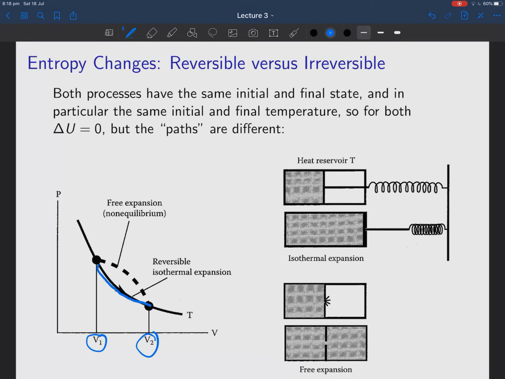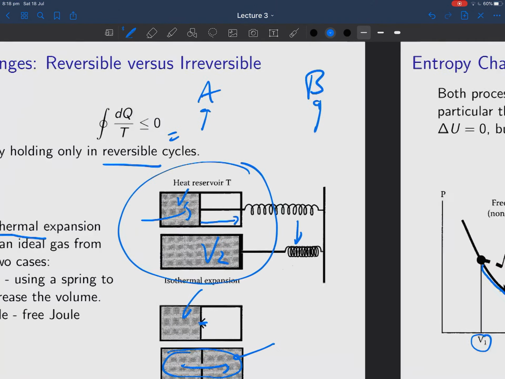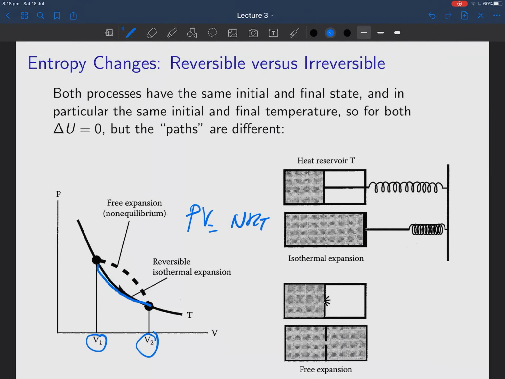We start at V1, we go to V2, and we know exactly what's happening along this path because we know PV equals nRT. I think we've got 1 mole in this particular problem, so this n is 1 mole, and so P is just RT on V for this expansion. We know exactly what we're doing.